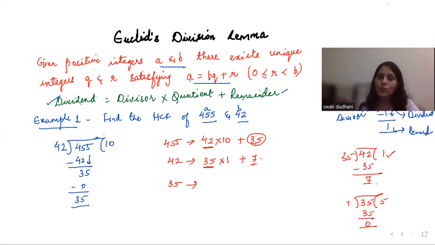Divisor 7 into quotient 5, plus remainder 0. We continue the same process till I get the remainder 0, and here I got my remainder to be 0. The HCF for this question is going to be the divisor, that is 7.